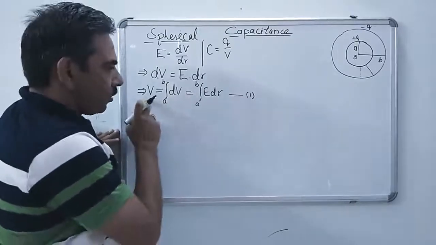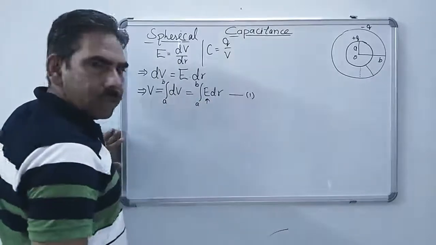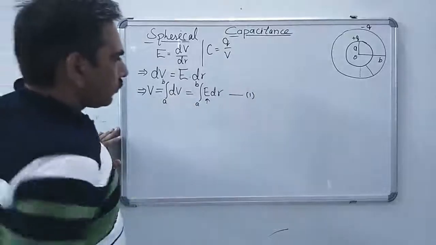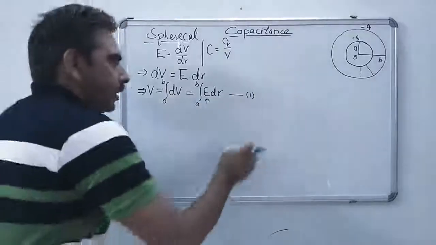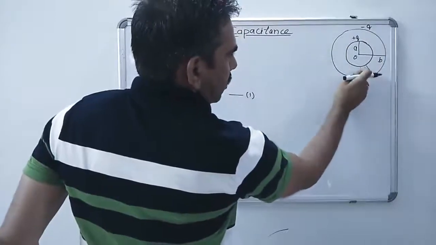In order to find the expression for potential difference, we have to find E and hence find the integration. What is the electric field due to this inner sphere at different points?